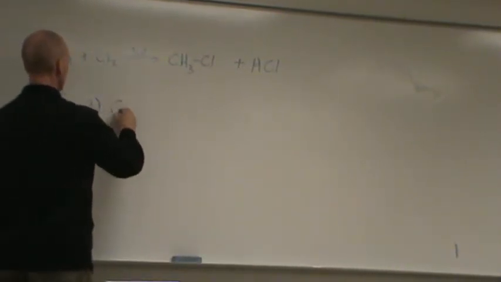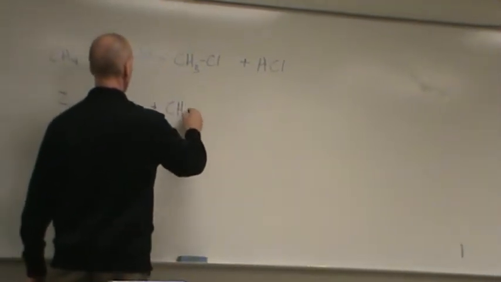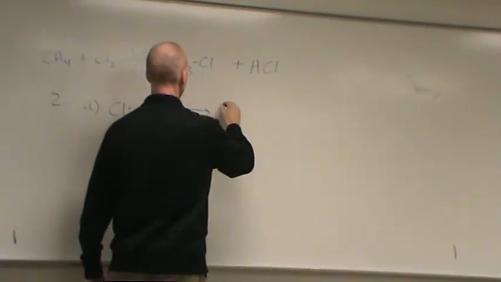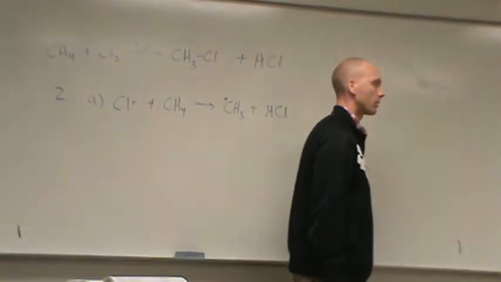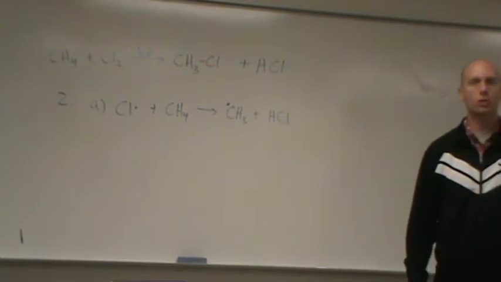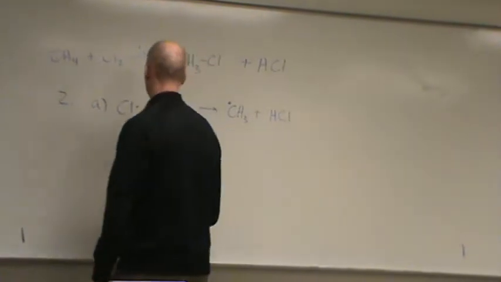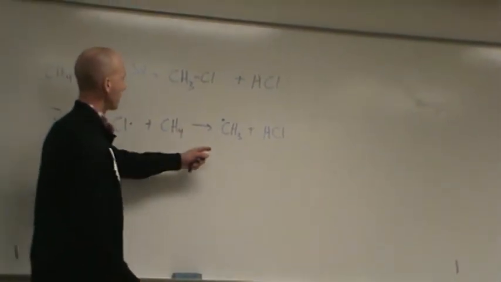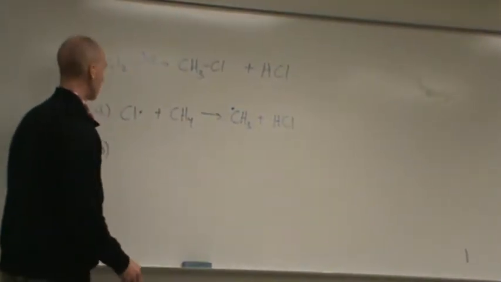In the first step, the chlorine radical, which formed in the initiation step, reacted with CH4 to make the methyl radical, which was the intermediate.